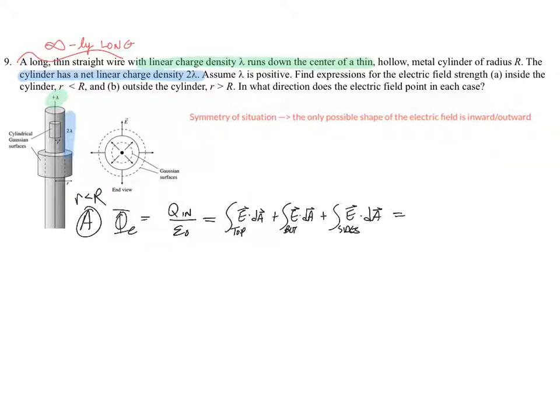And we're talking about the linear charge density of the thin wire. r less than R is on the inside. And so that's the linear charge density times the length of the wire per epsilon naught. All right. But this is 0 and that is 0. Why are the top and bottom 0?